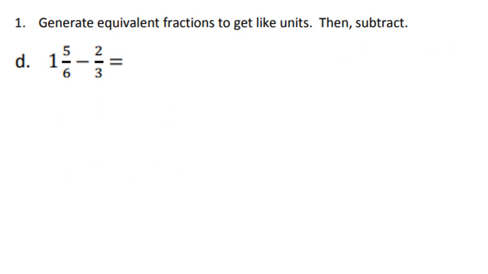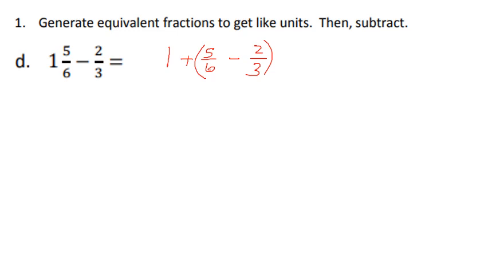Our next one, we have a mixed number. And we're going to try to subtract our fractions first. Because if we broke it down, it's 1 plus 5/6 minus 2/3. So I'm going to try subtracting these first.